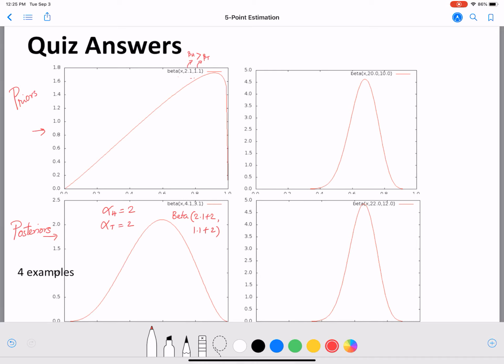Now we can see clearly that between 4.1 and 3.1 there is just a difference of 1, and it's almost equal. That is why our graph is now moving towards 0.5. Remember that if they are both equal, the peak would occur at 0.5. It would be a symmetrical curve. Now it's not exactly equal.